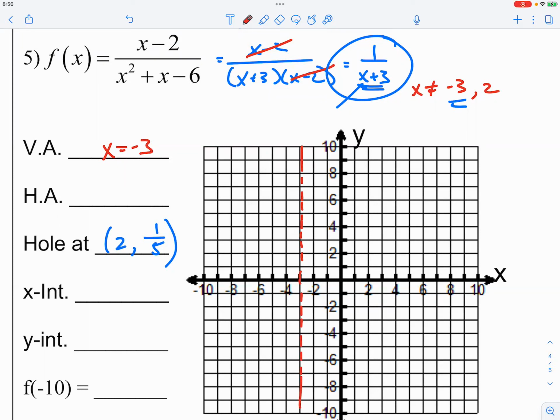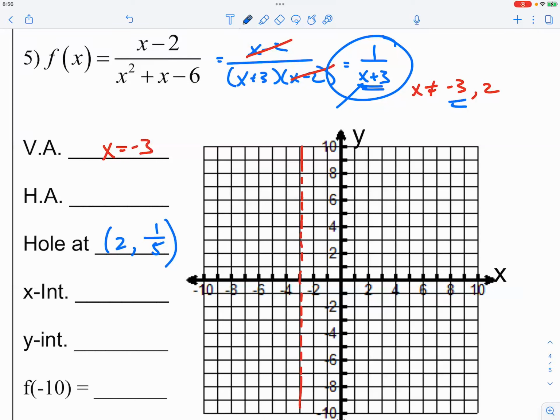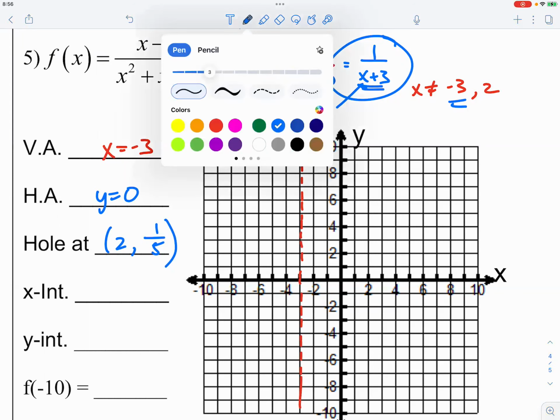All right. Now, what about the horizontal asymptote? Y is equal to 0 because when x becomes infinitely large, x plus 3 is just x. 1 over infinity is just practically 0.